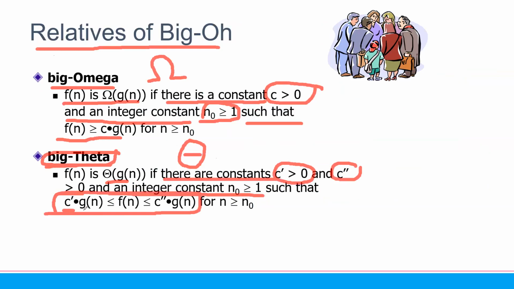So c' multiplied by g(n) will be less than or equal to f(n), and f(n) will be less than or equal to c'' multiplied by g(n). This is valid for n greater than or equal to n0.